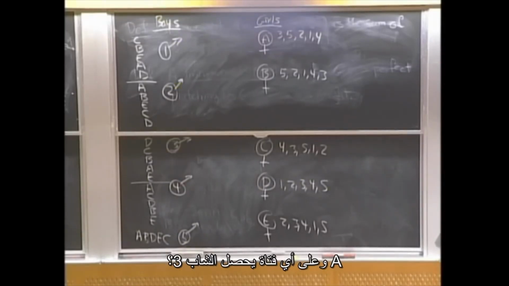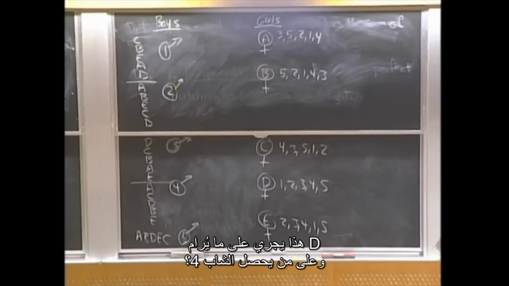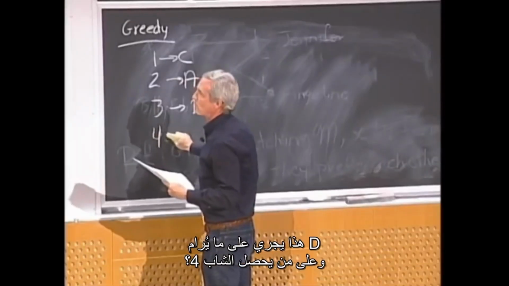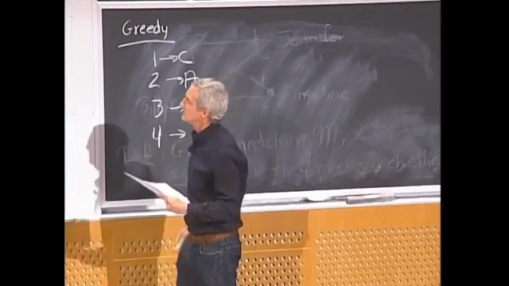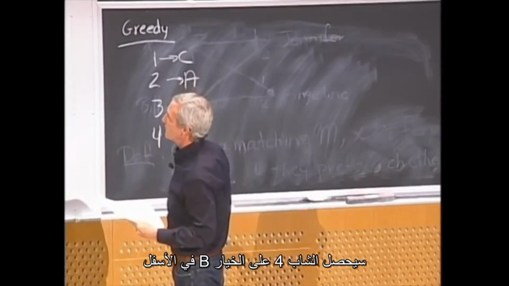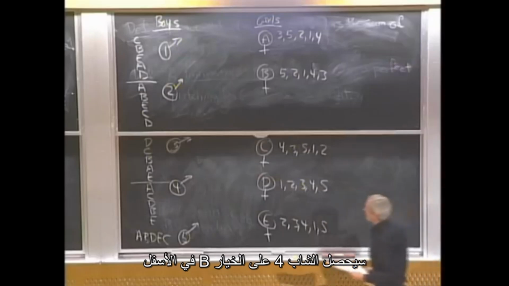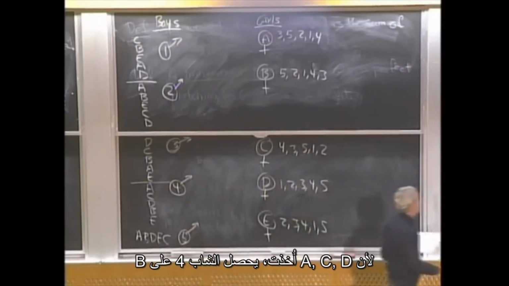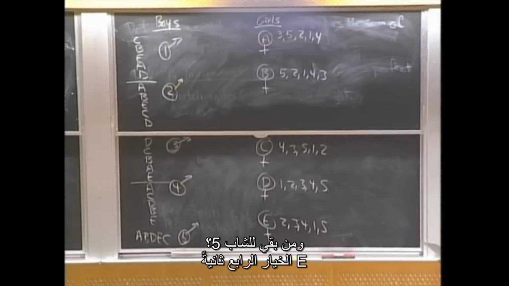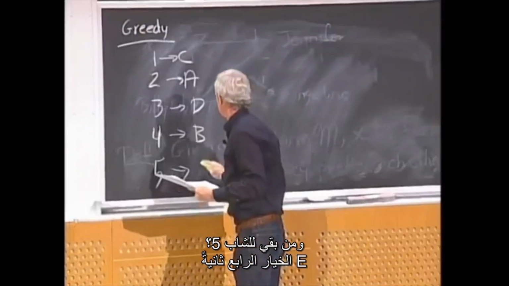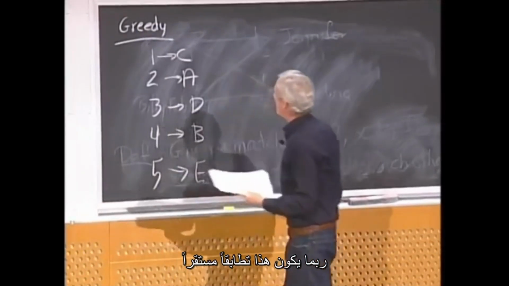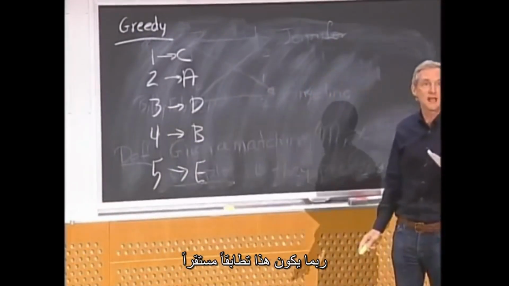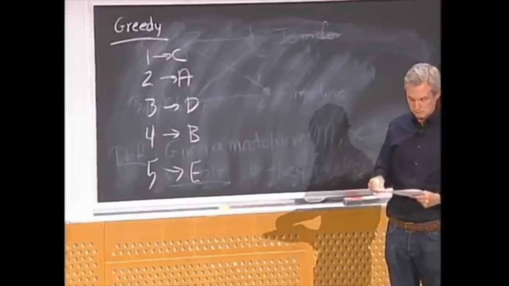A. Who does boy 3 get? D. Oh, this is going well. Who does boy 4 get? Boy 4's got to go all the way down to B because A, C, and D got taken, so boy 4 gets B. And boy 5, who's left? E, fourth choice again.